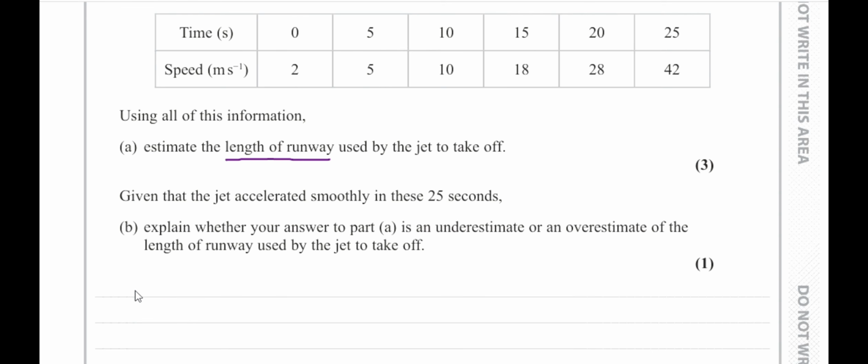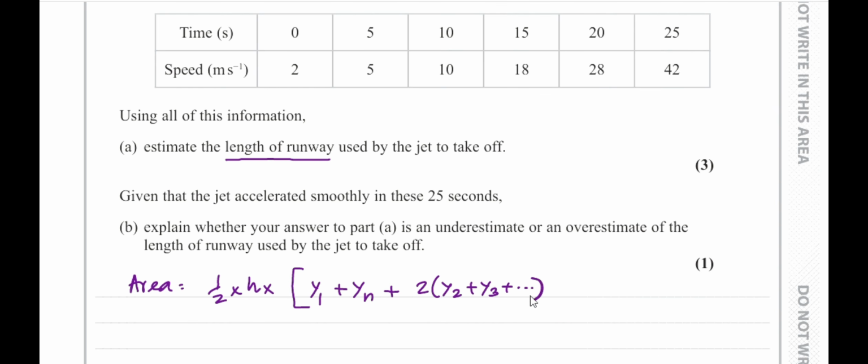So the trapezium area rule goes like this: area equals half times height times, y0 plus yn, plus 2 times y1 plus y2 plus y3 etc., close the bracket, close the bracket.